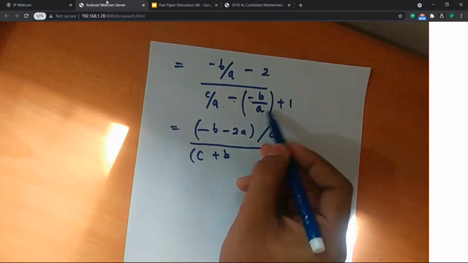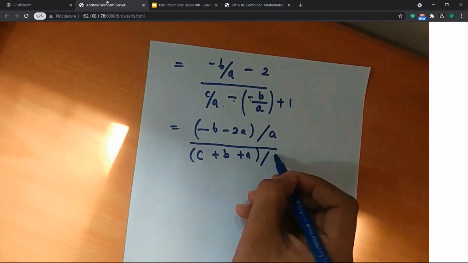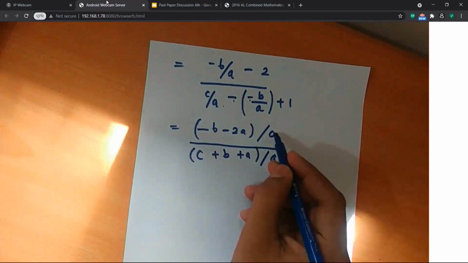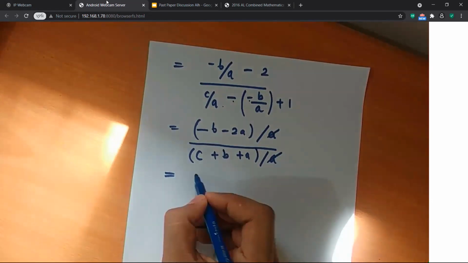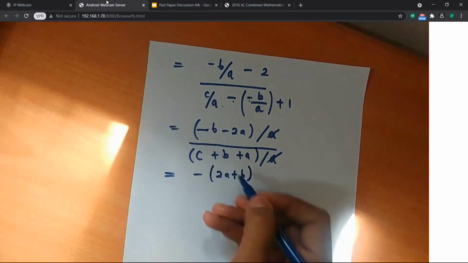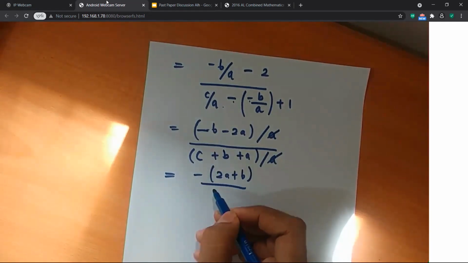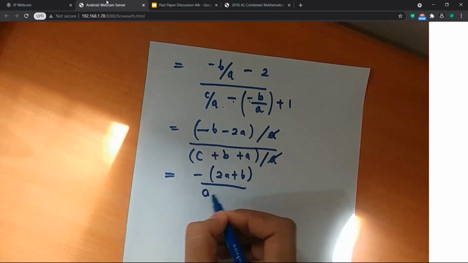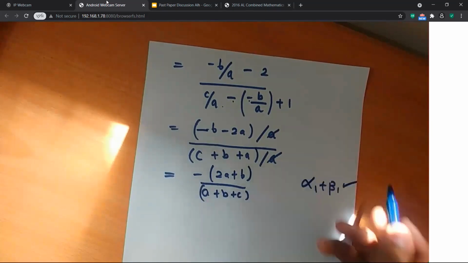If you take a out, it will be plus a, and you divide the whole thing by a. So a and a you can cancel off. So this is the final answer you get: minus, you can take minus outside, 2a plus b, over a plus b plus c. So what is this? Alpha 1 plus beta 1, right?